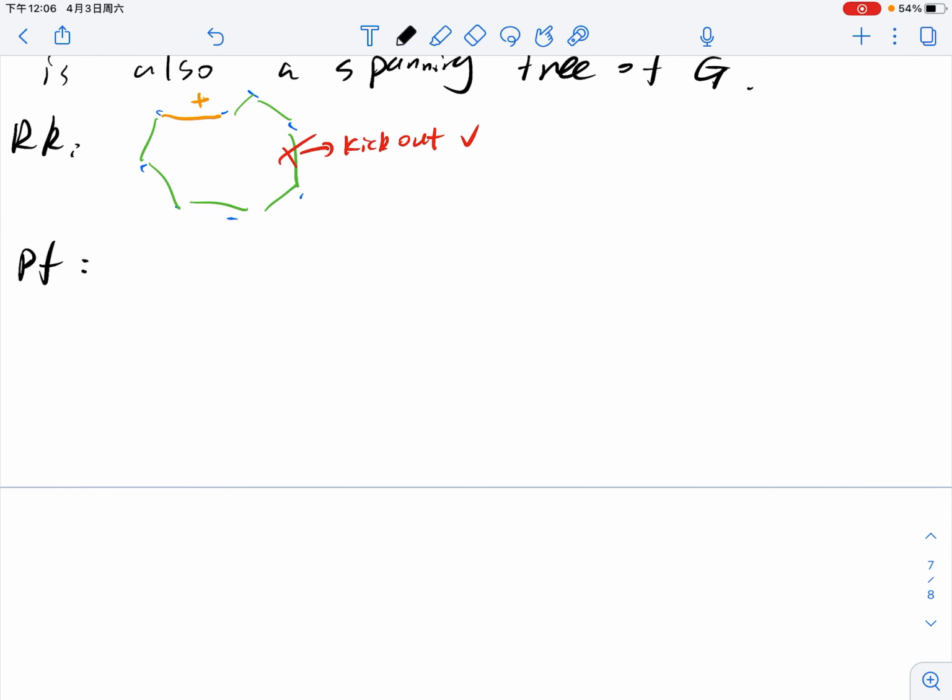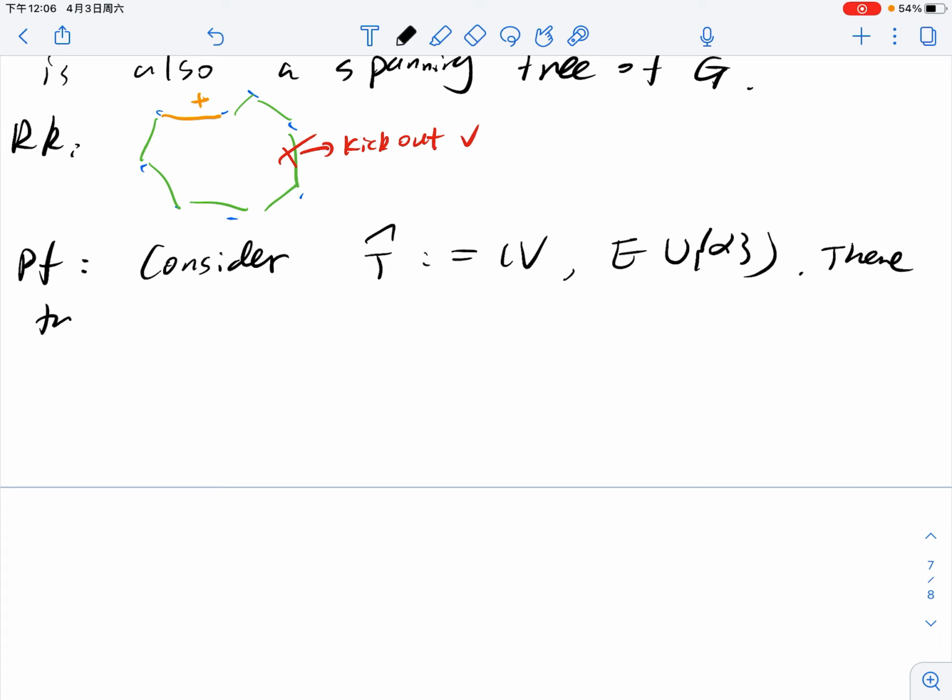Proof. Let's consider T hat, which is the graph obtained by adding alpha to T. Then there is a cycle gamma in T hat containing alpha.